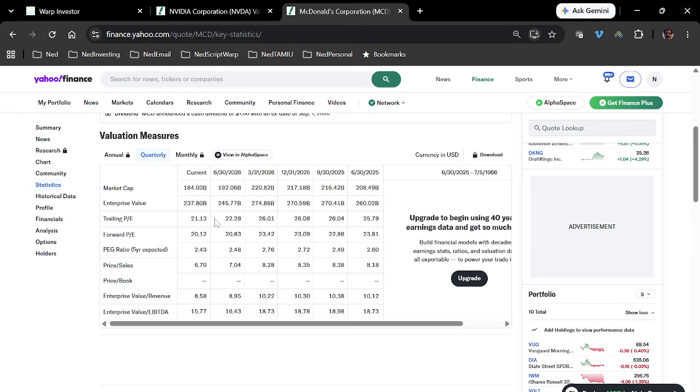But there is one thing to consider here about McDonald's: it has a premium applied to the PE because it's considered to be a defensive stock. And at a time when stock prices are expensive in general, as is the case today, defensive stocks tend to have a premium, which is expressed in this PE expansion that we have here.